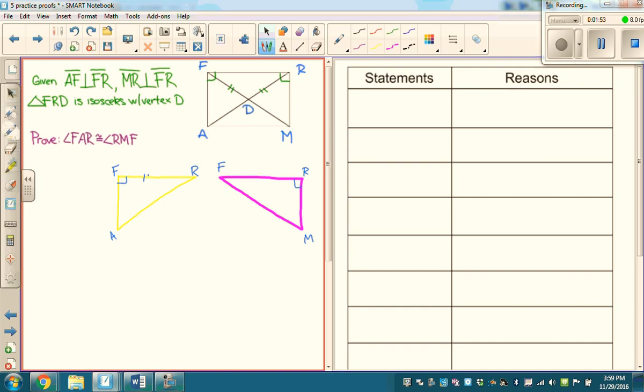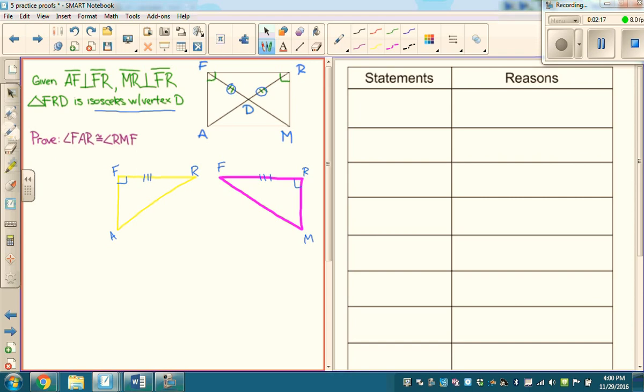I have the same segment, and the question is, what is going on here? Why do I have that? So if you think about it, I need one more pair of congruencies in these yellow and pink triangles below, and the key is coming from the isosceles triangle.